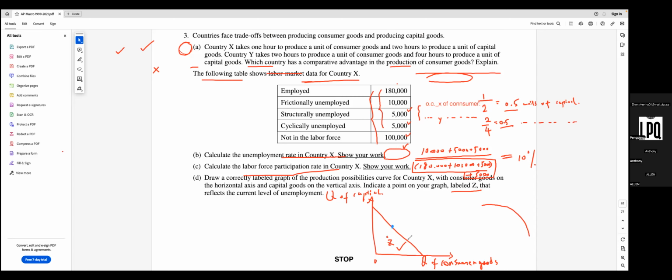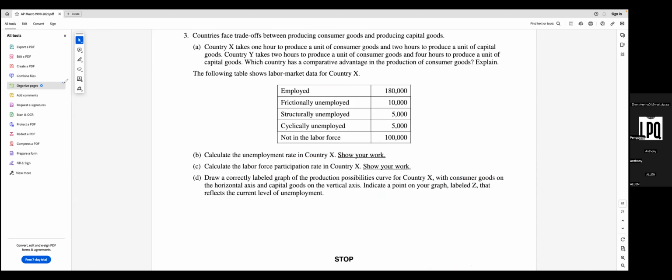But you need to use all the resources along with the best technology. The overall picture here is we don't utilize all the human resources, and the unemployment rate is so high, 10%. So I just plotted any point inside the PPC. That's totally enough for the last question.